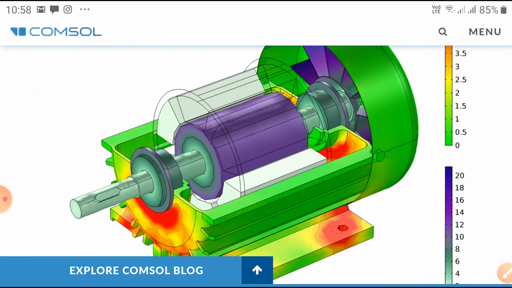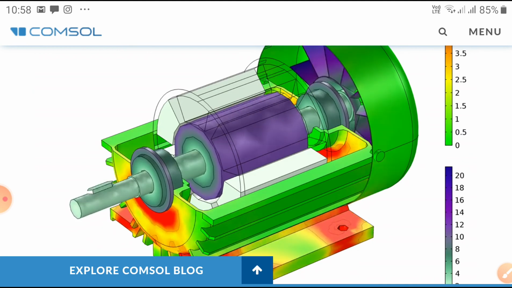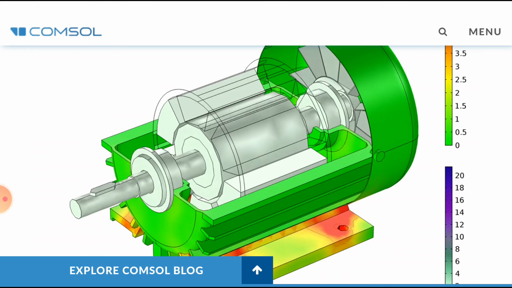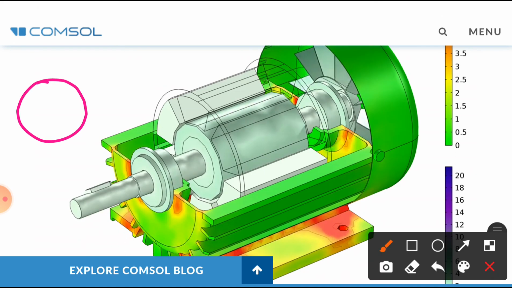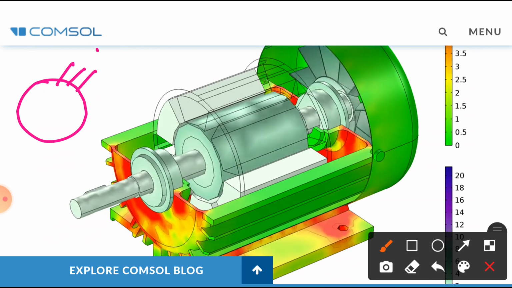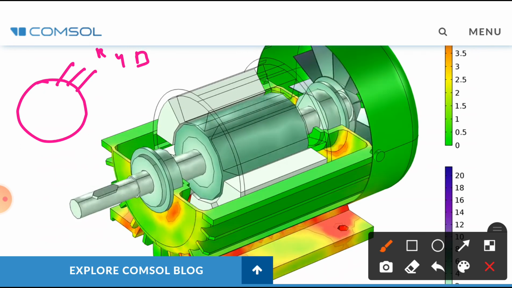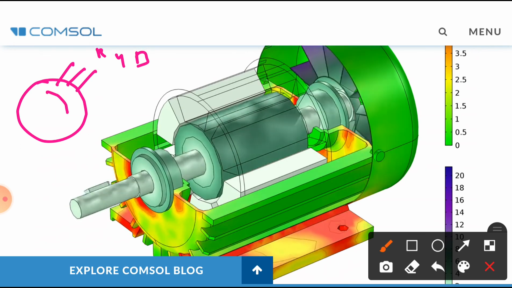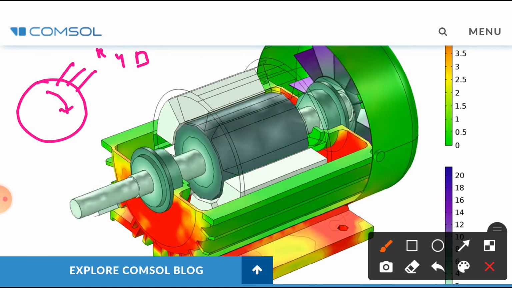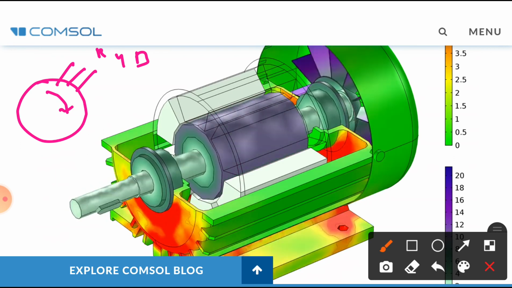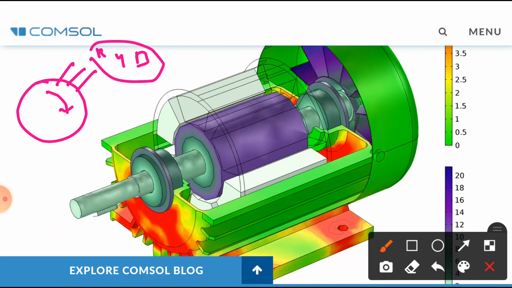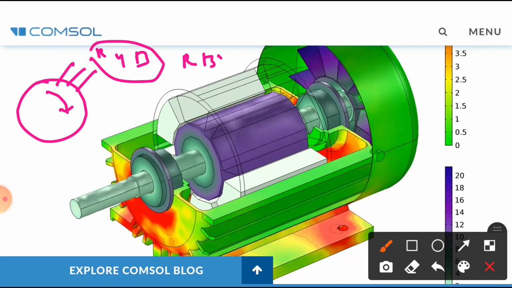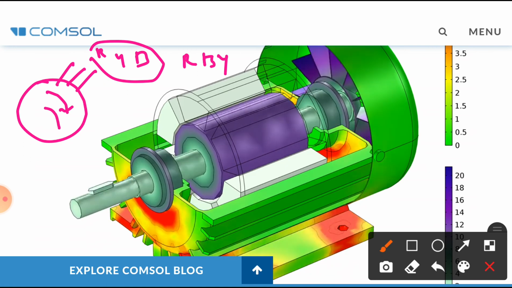Okay. Now, dear students, you can remember one thing. If the stator is given R phase, Y phase, B phase sequence, let us assume it is rotating in this direction. If instead of R, Y, B, you place the phase sequence reversed, for example R, B, Y, then it moves in the other direction.